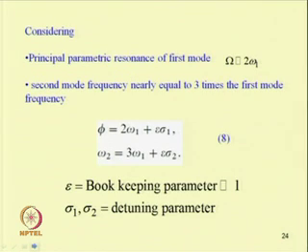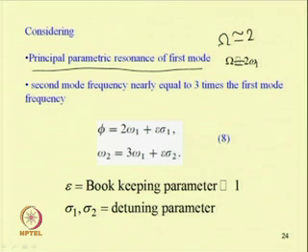So, let us take the condition when we are considering the principal parametric resonance of first mode. That means omega is nearly equal to 2 omega 1. So, we will consider the case in the neighborhood of twice omega 1. To take into account the nearness of omega, that is the external frequency, to twice the natural frequency, we can take a detuning parameter epsilon sigma 1.